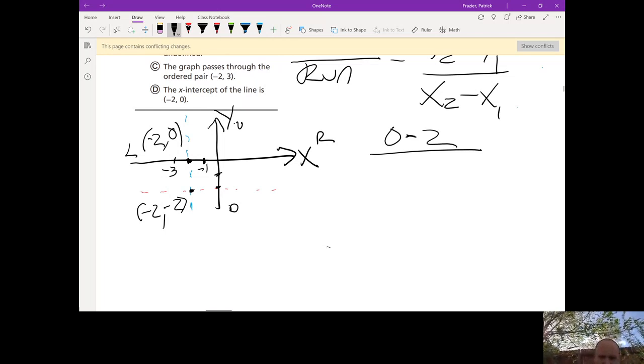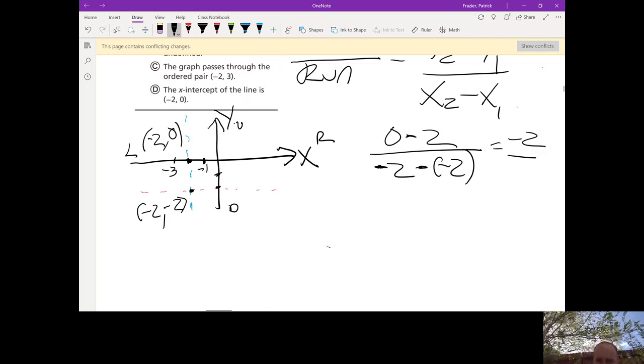And then for the x values, -2 minus -2. Well, 0 minus -2 is just 2, but -2 minus -2, anything minus a negative number is just adding it, so that's the same thing as -2 plus 2, which equals 0.